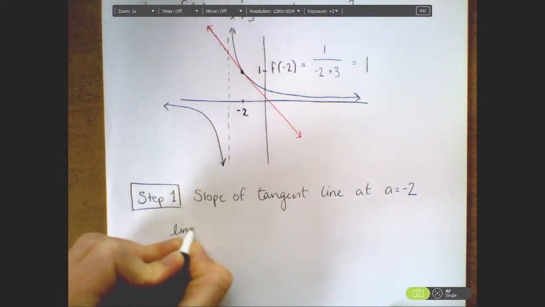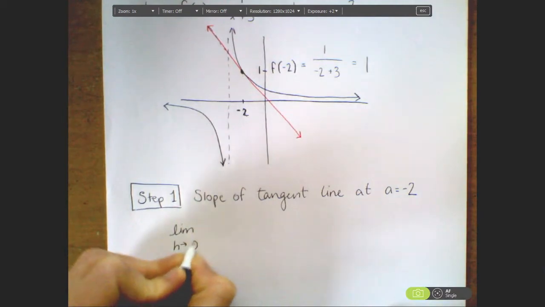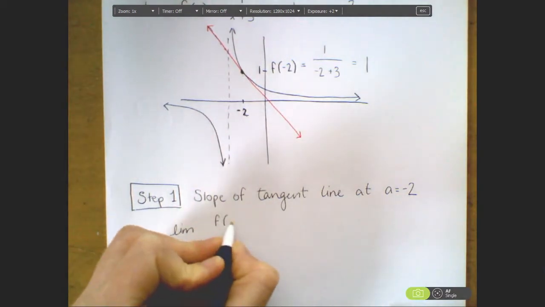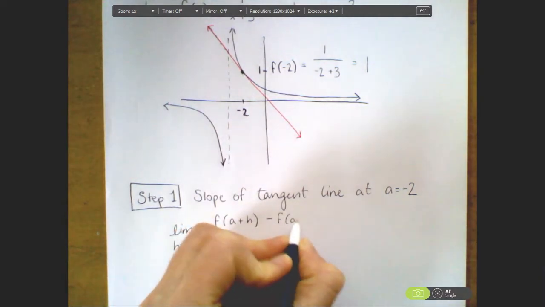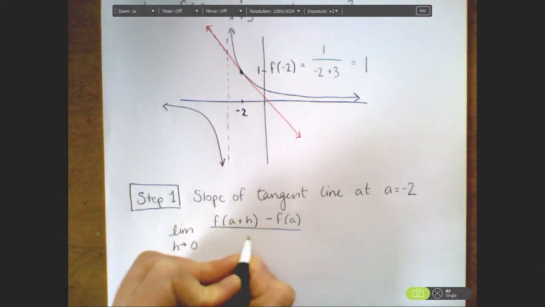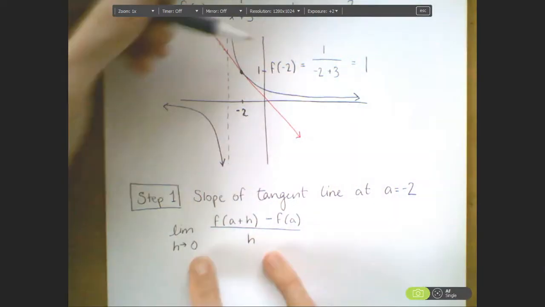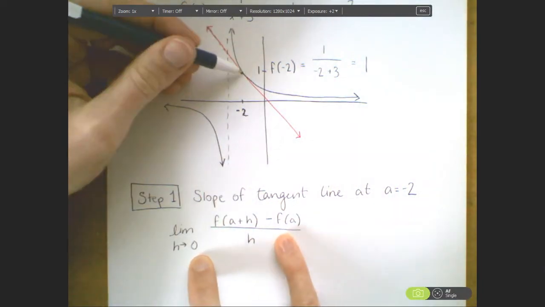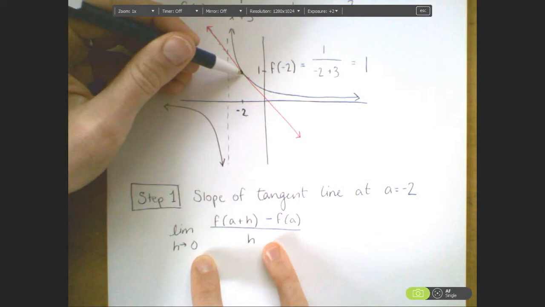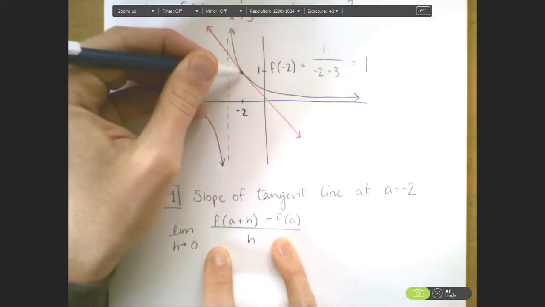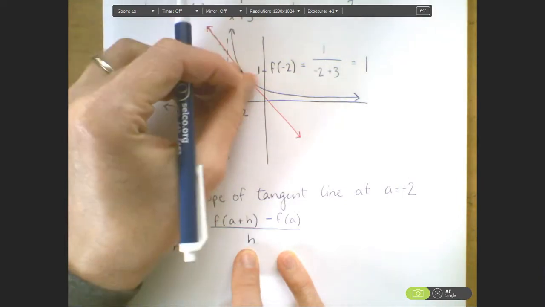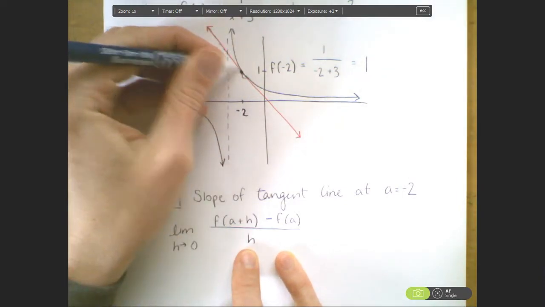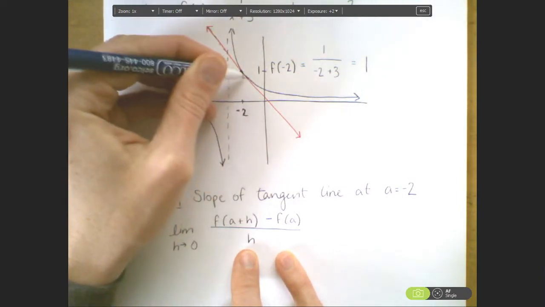So in this case, I'm going to look at the limit as h approaches 0 of f of a plus h minus f of a all over h. And recall, that's saying that as my h values get closer and closer to 0, the difference in my y values over the difference in h is honing in on what the slope will be right at that point.